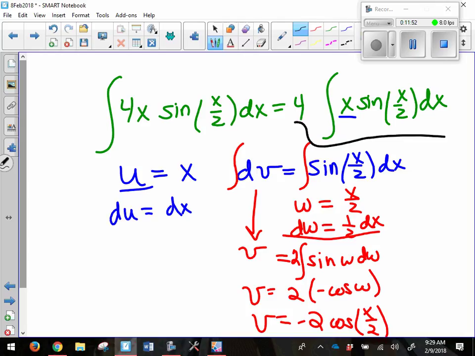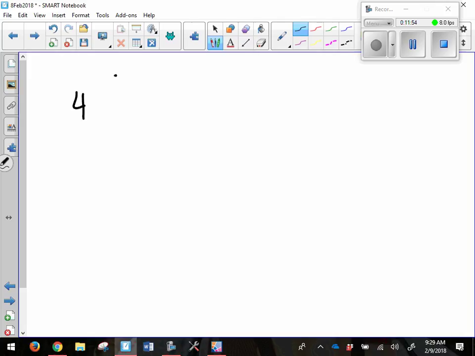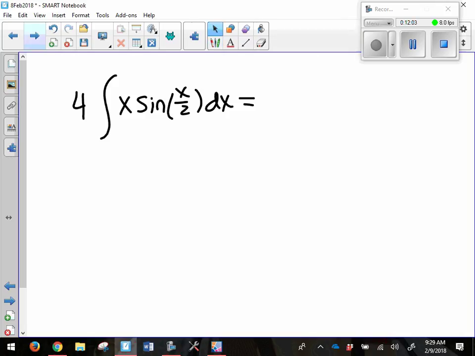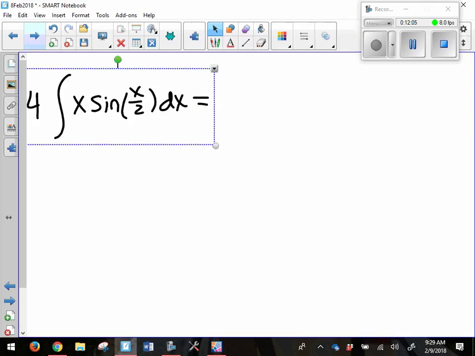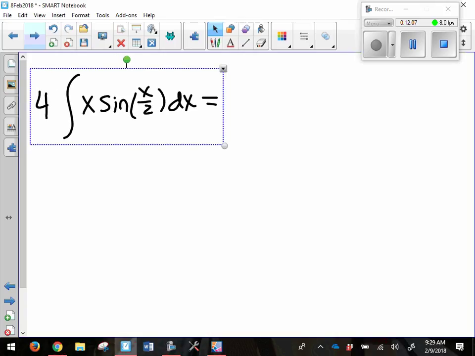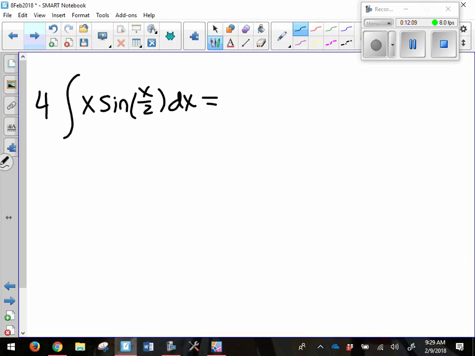So let's write that again. Okay, so I've got 4 times the integral of x sine x over 2 dx. Move that over. Okay, so this is integration by parts. And what's integration by parts equal to? What's my formula?